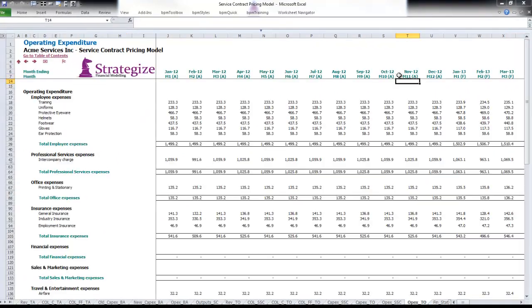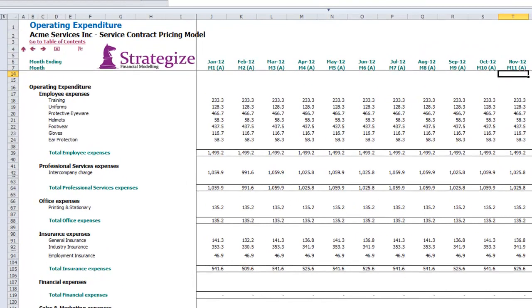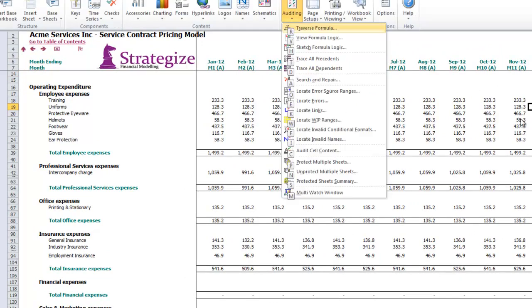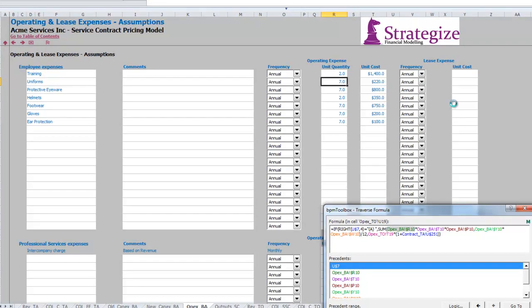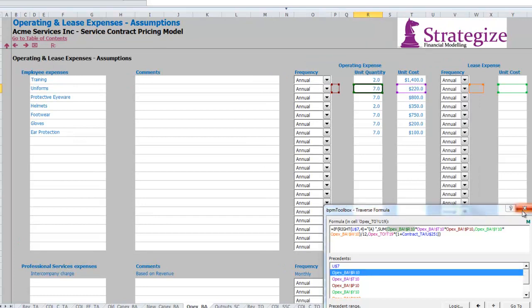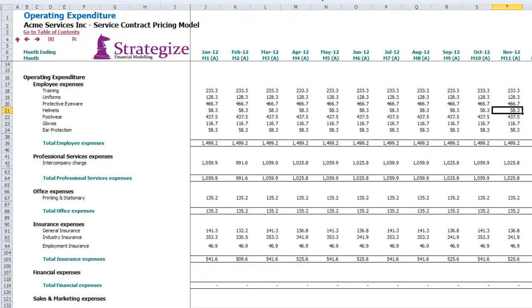Also with our operating expenditure, which obviously just comes off our assumptions worksheet, we want to make sure that we're fully accounting, in terms of future value, for the cost of these expenses.